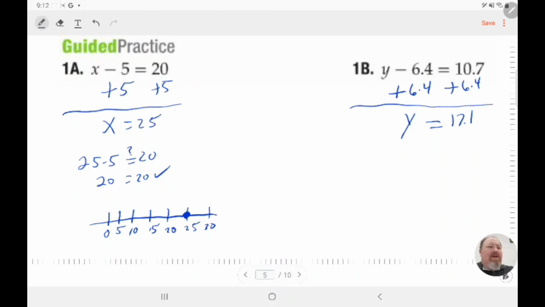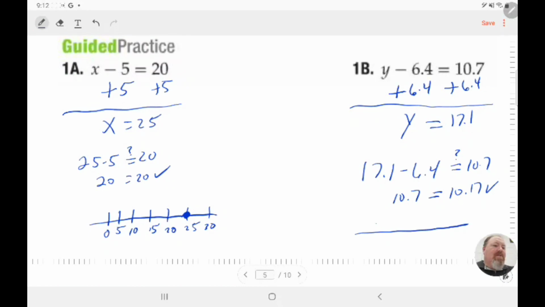Okay? So we could check that, make sure that it works, and see if 17.1 is really the answer. So we would have 17.1 minus 6.4 should equal 10.7. And that would be 10.7 does equal 10.7, so that checks.